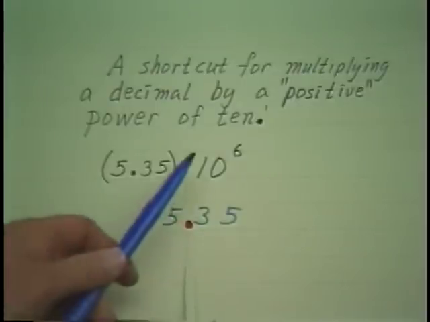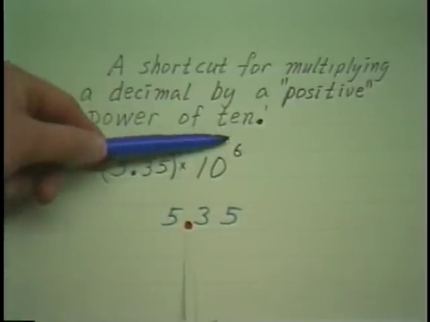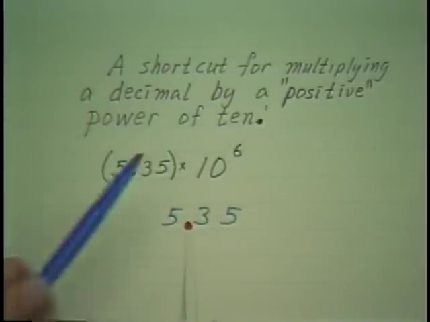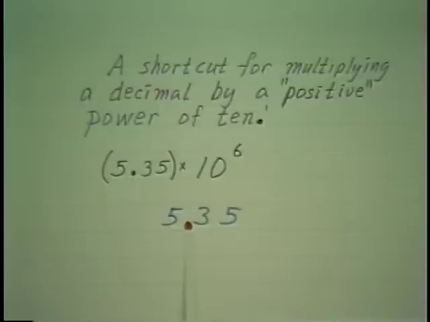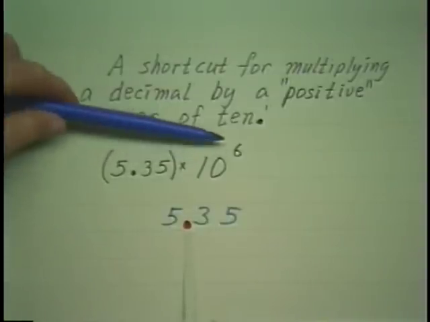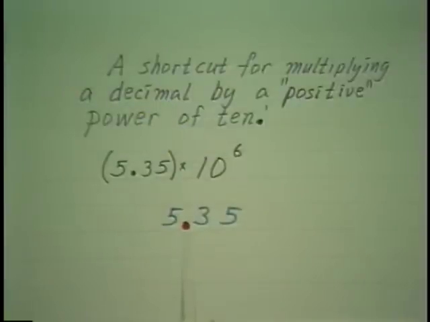Now, if you're multiplying by a positive power of 10, think that I wish to make this number bigger by that many places, 6 in this case. So to make it bigger, if I go this way, the number gets bigger. If I went this way, the number is getting smaller.